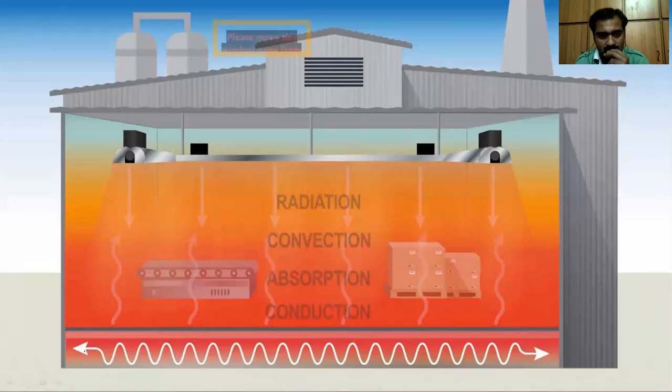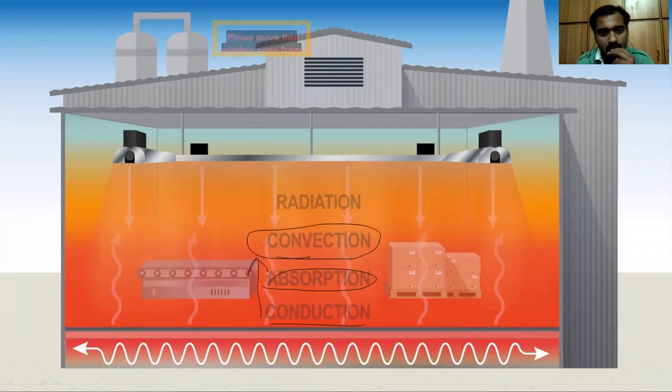This sinusoidal representation means you pass the current to heat this surface. From this surface, the heat is conducted, then the material absorbs it, and then it goes through convection. So these are the processes you obtain while passing the current through the surface.